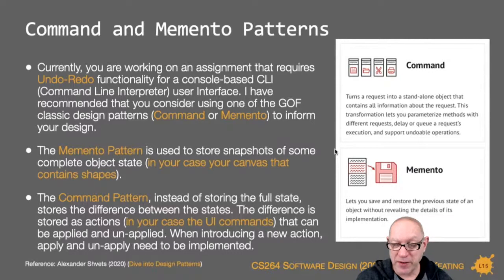The command pattern, instead of storing the full state, stores the difference between the states. So the difference is stored as actions, in your case the UI commands, and those can be applied and then unapplied. So when introducing a new action, apply and unapply need to be implemented for that particular action. Think in terms of changes you're making to a program.